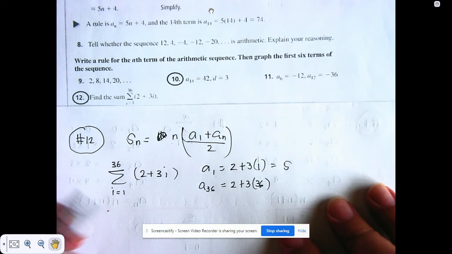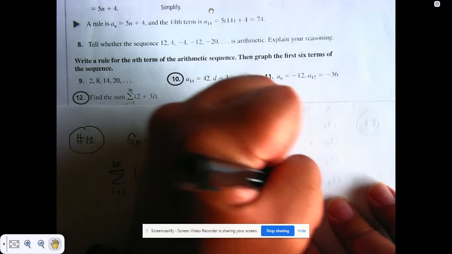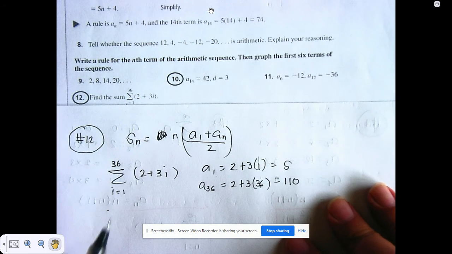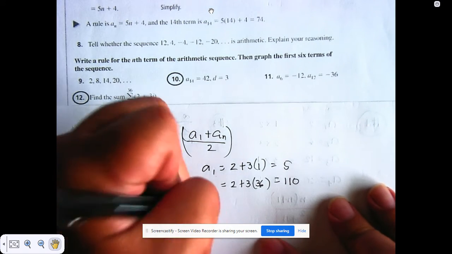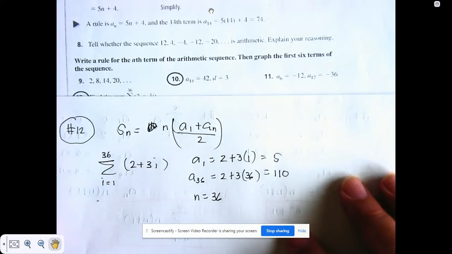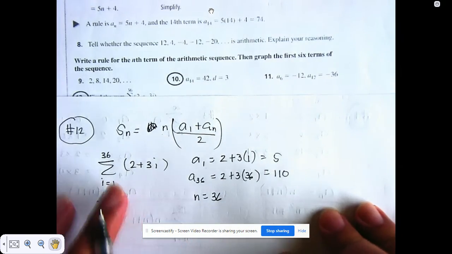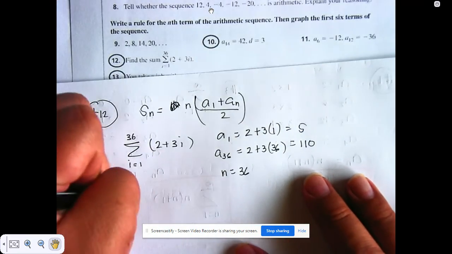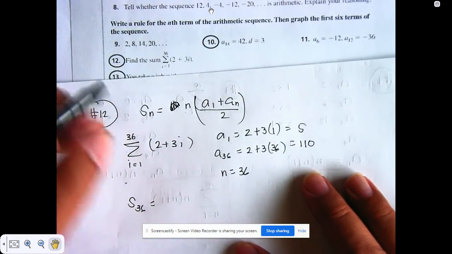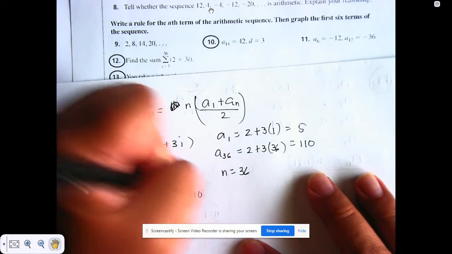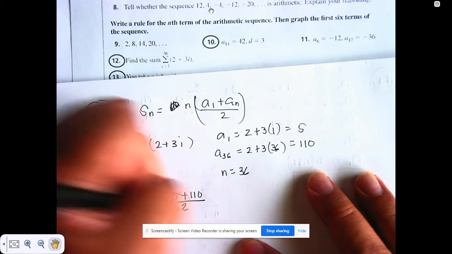So that's going to be 108 plus 2, that gives me 110. So which means my n here is also what? 36, because it's 36 terms. So basically I have all of them. So all I got to do is just simply put in the formula. So sum of the 36 terms, that gives you 36 times 5 plus 110 divided by 2, right?